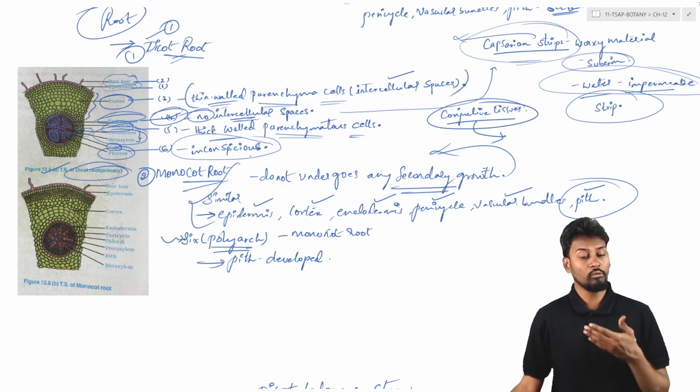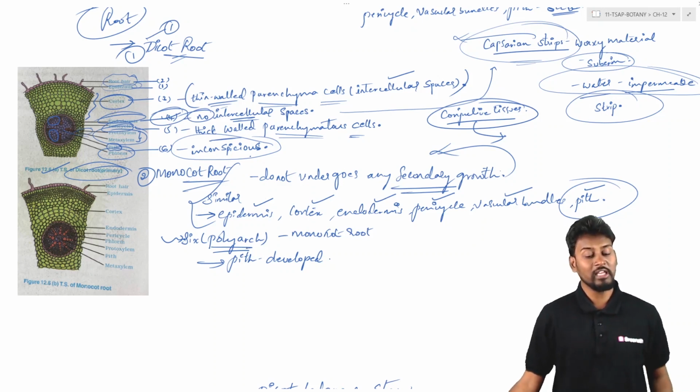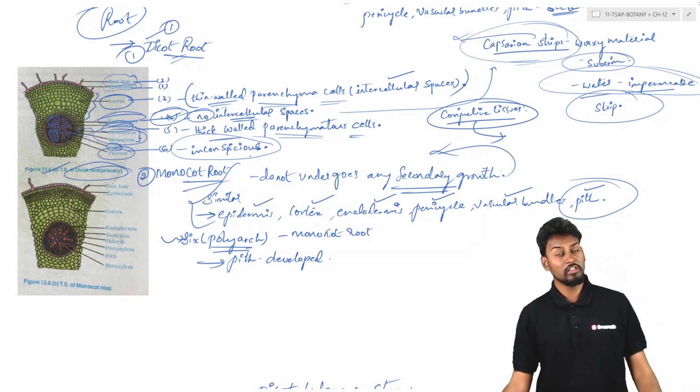So monocot root is the one which is showing more kind of arrangement and more kind of appearance of these xylem elements when compared to the dicot root. So here we can see they are generally 6 or more in number.